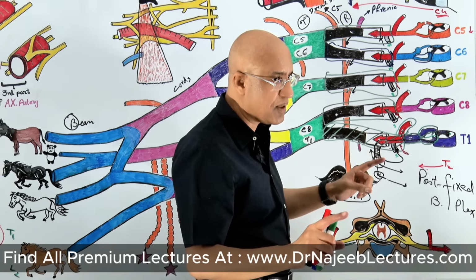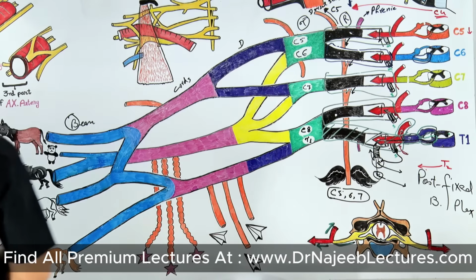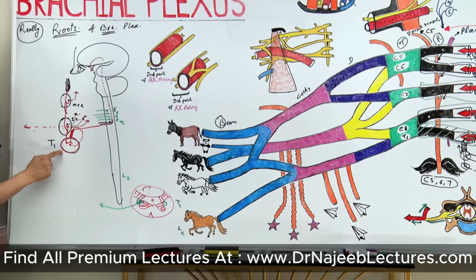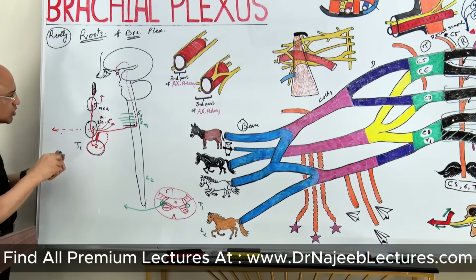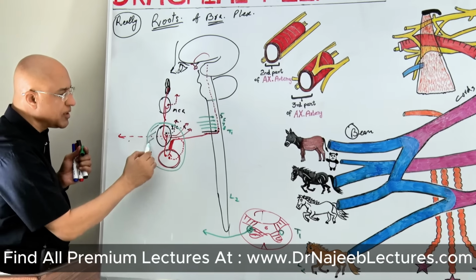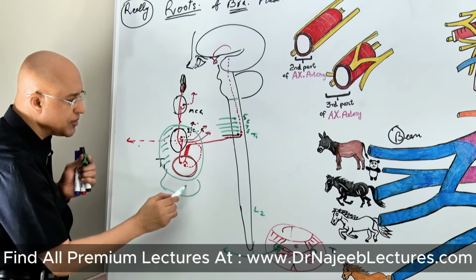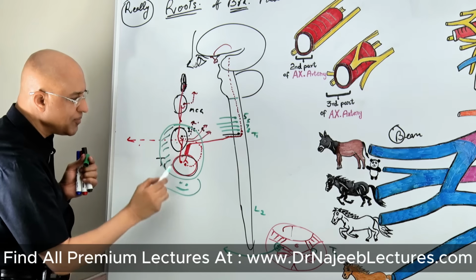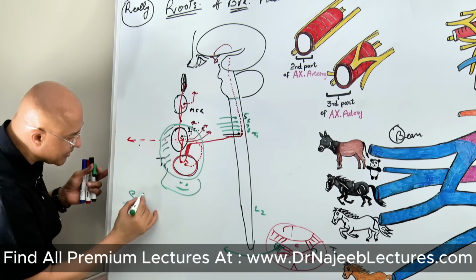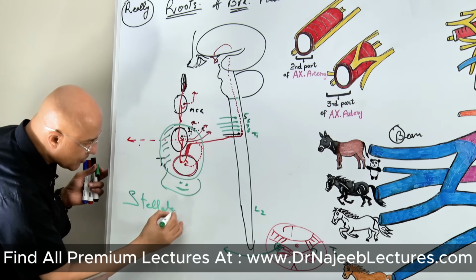Now listen very carefully. In many people, the inferior cervical ganglion and the T1 thoracic ganglion fuse with each other. In the majority of people, they fuse with each other. Very happy, united front. When these two ganglia fuse with each other, they are called the stellate ganglion.